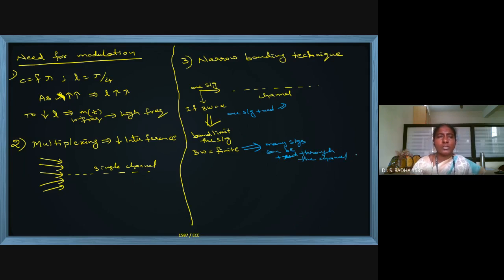Also there is a condition: the bandwidth of the signal should be less than the bandwidth of the channel. If there is a narrow path and I am very fat, how will I go into that? If I am the signal and the path is the channel, and the path is very narrow, how will I go into that?